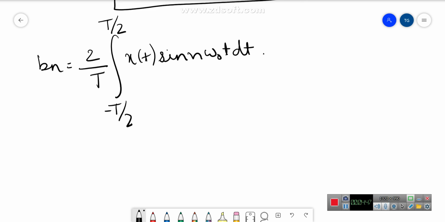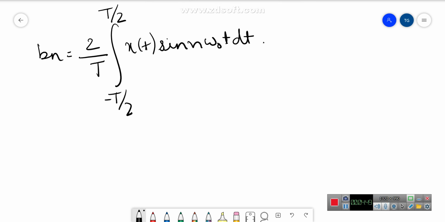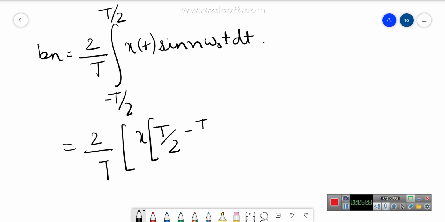So when we integrate and substitute the values, what will we get? 2 by T, and here, wherever my t value was, we have to substitute it with the limits.